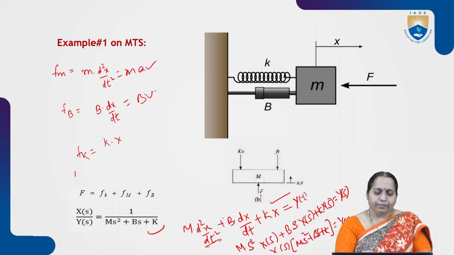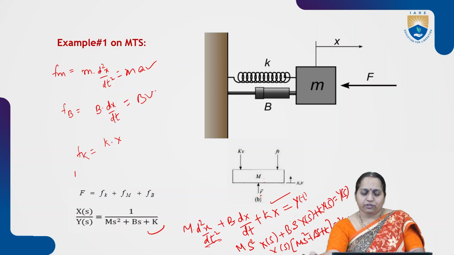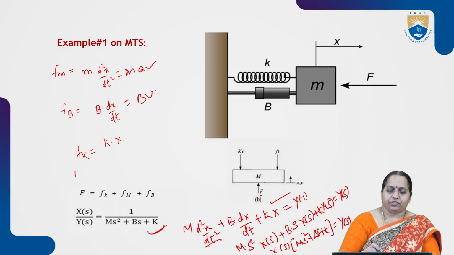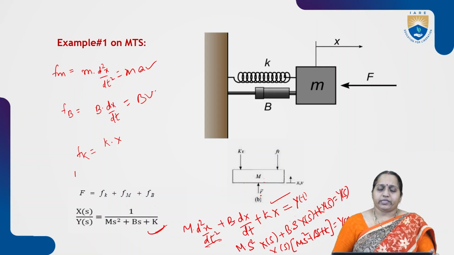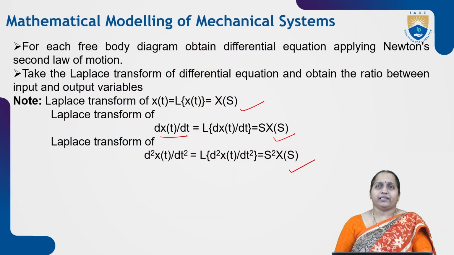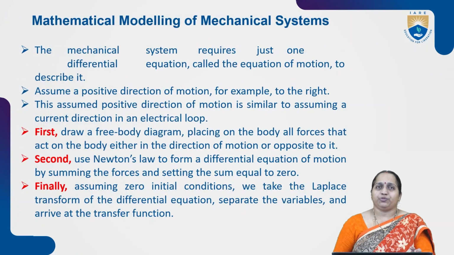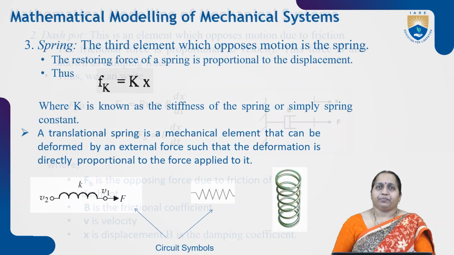Taking Laplace transform of this equation using the formulas mentioned earlier and then rearranging the terms to get the ratio of output to input, that itself gives you the transfer function. A mechanical translation system has three basic elements: mass, dashpot and spring.